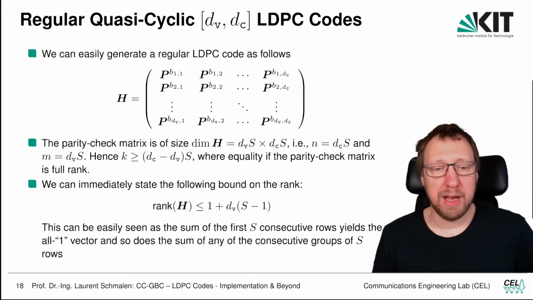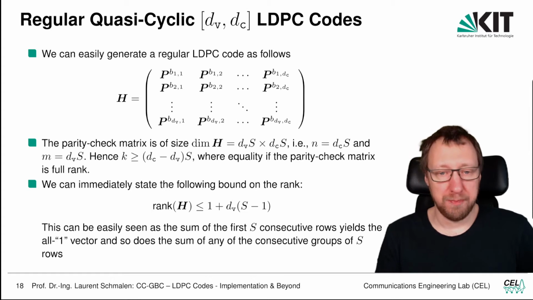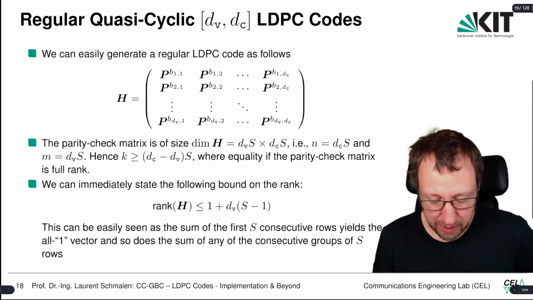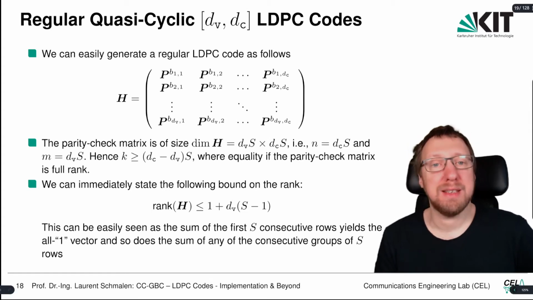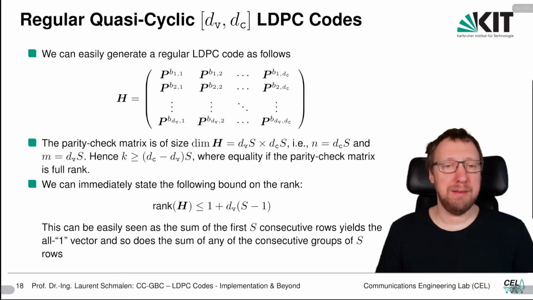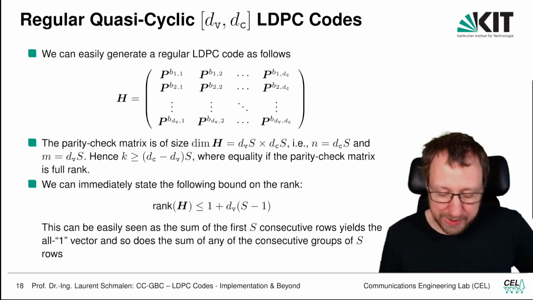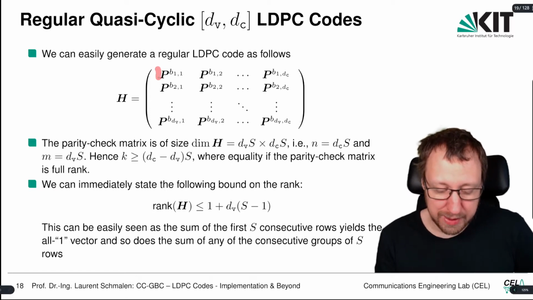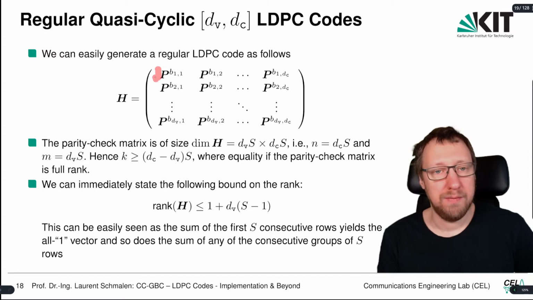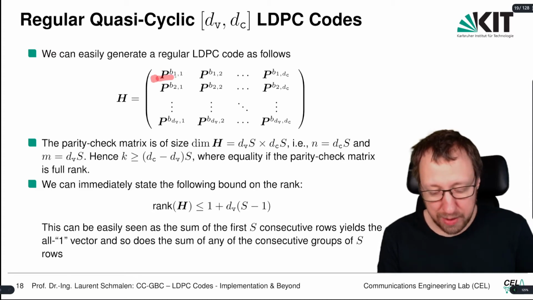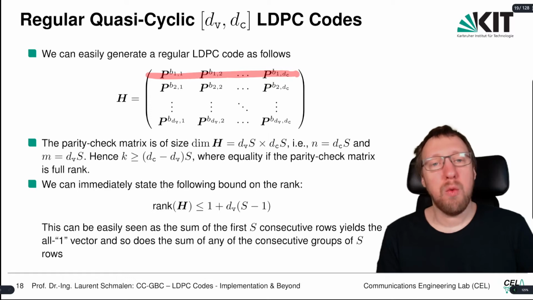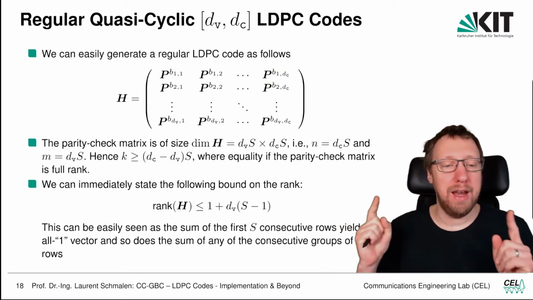The first thing we can see is a bound on the rank of the matrix. The rank of the matrix is upper bounded by (dv minus 1) times s plus 1. So how can we see this? Well, we see this if we sum up the first s rows. If we sum up the rows corresponding to this, we get a vector containing n ones.